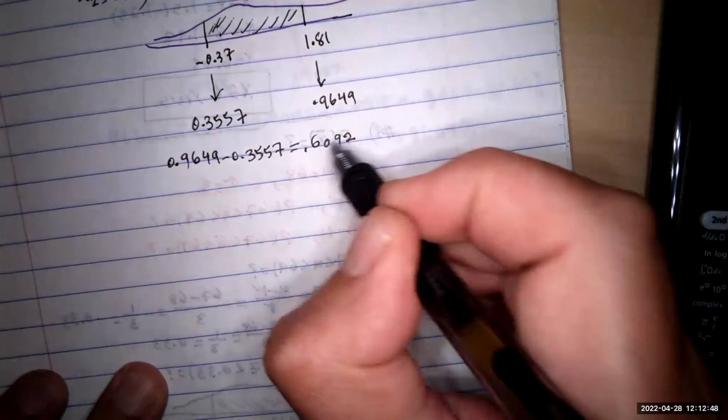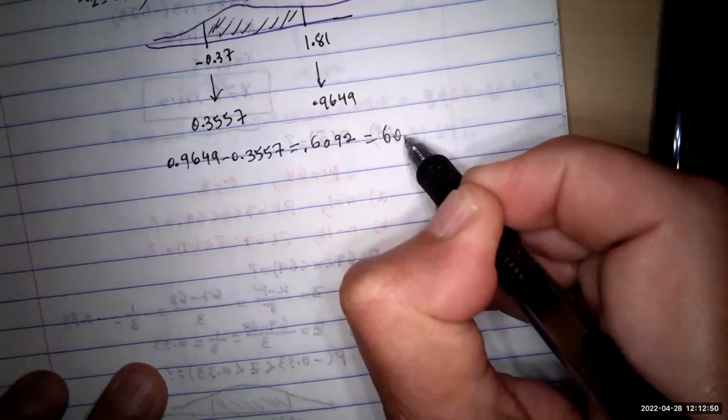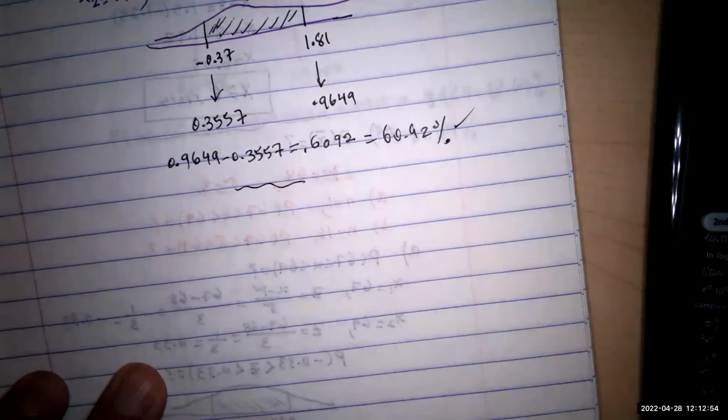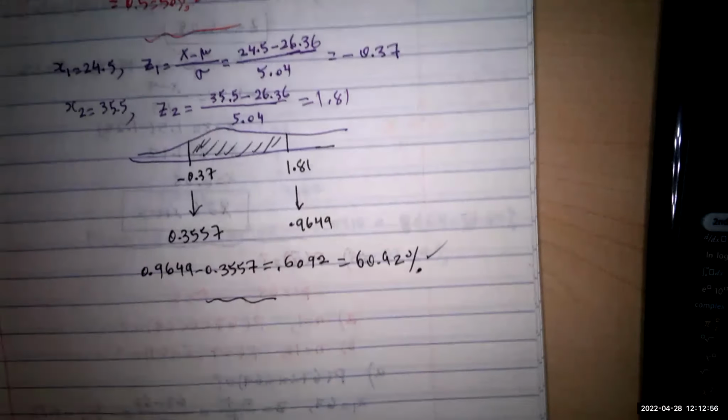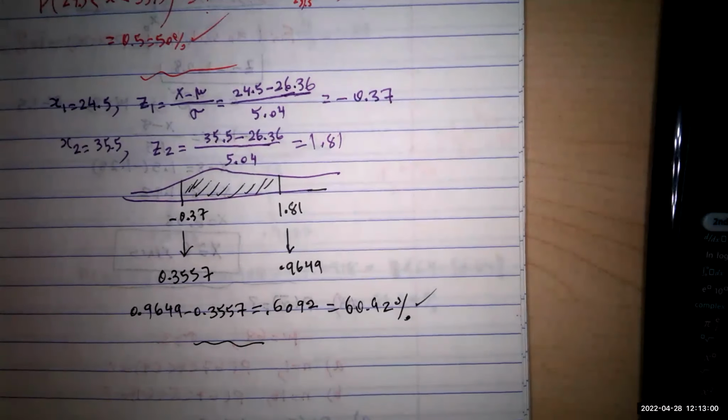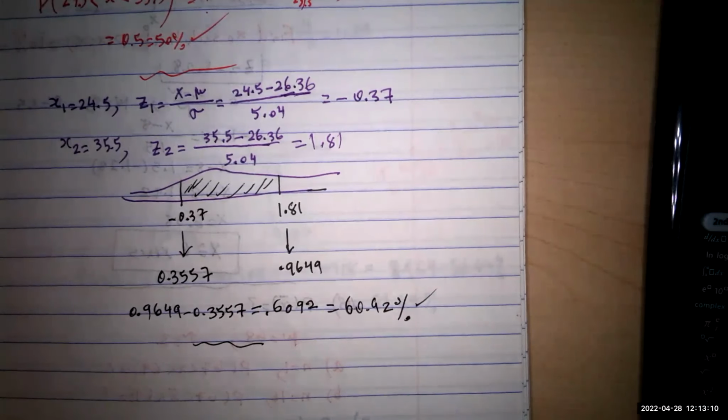So with this one, it's going to be 60.92% to get these numbers. The calculator one, we have to check it, the one that we talked about the other day, to see whether the difference is too much. But we can check to see.